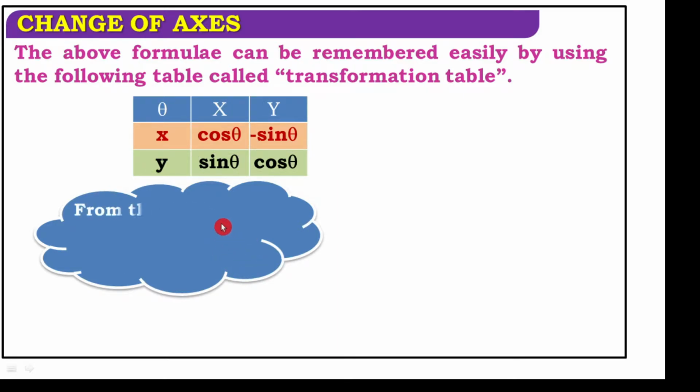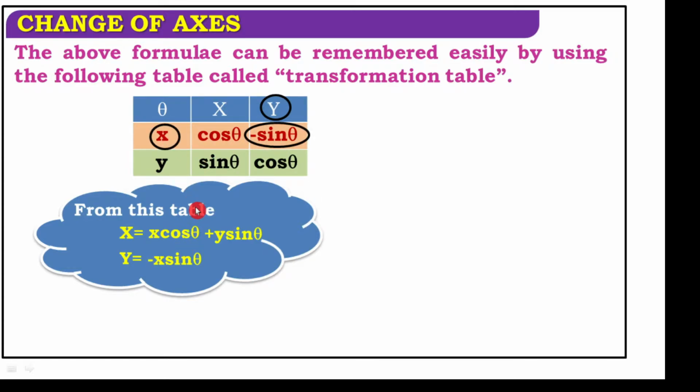Similarly, from this table we can express capital X and capital Y in terms of small x, small y. Capital X equals x into cos theta plus y into sin theta, so X equals x cos theta plus y sin theta.